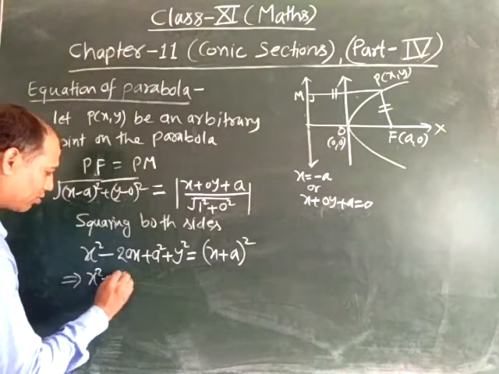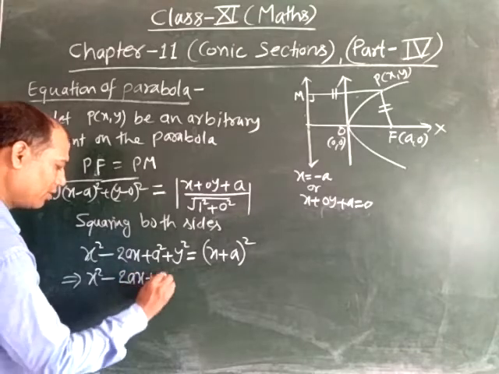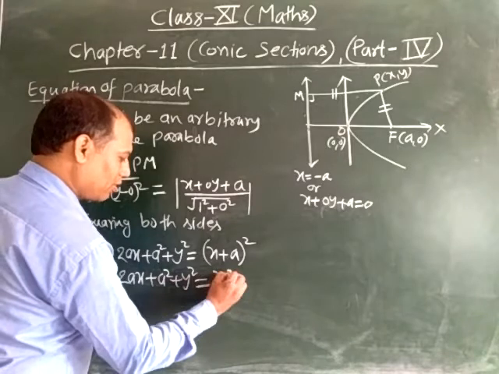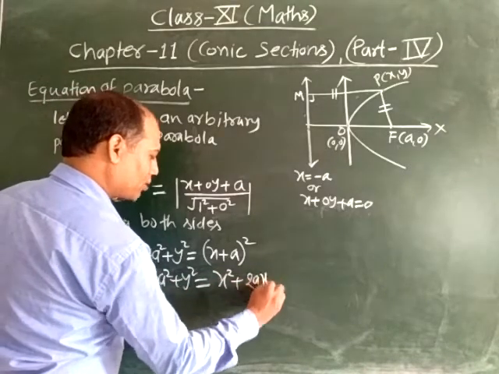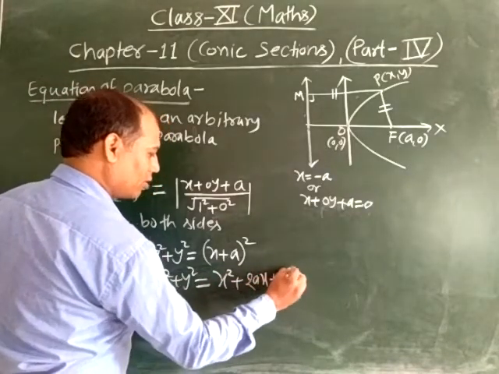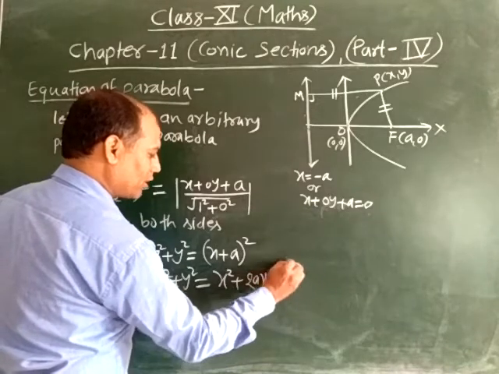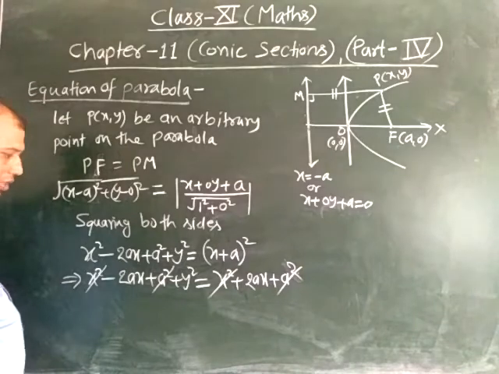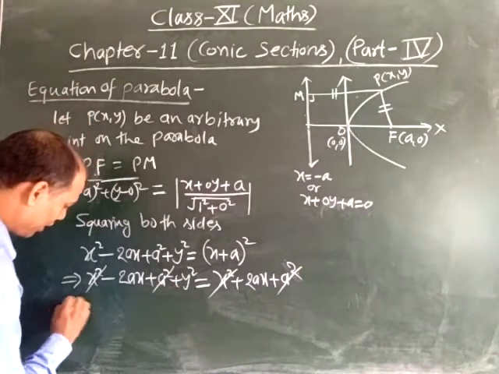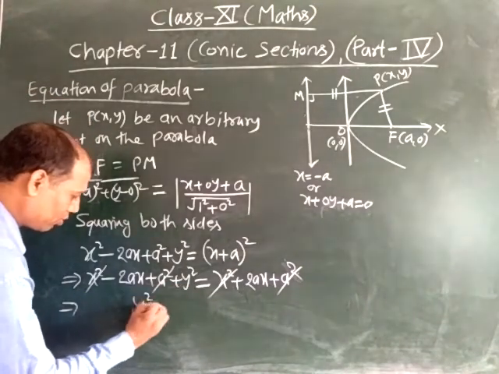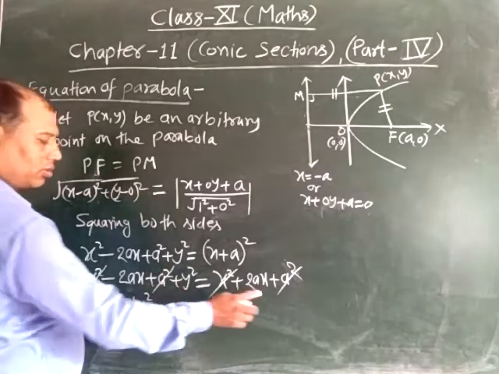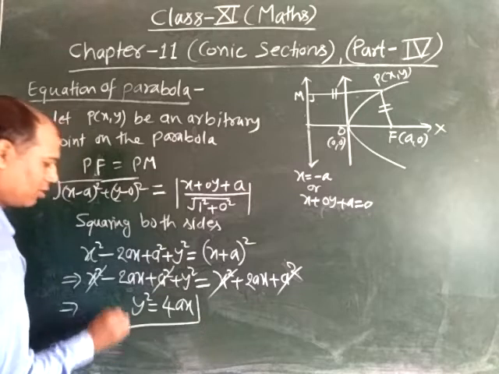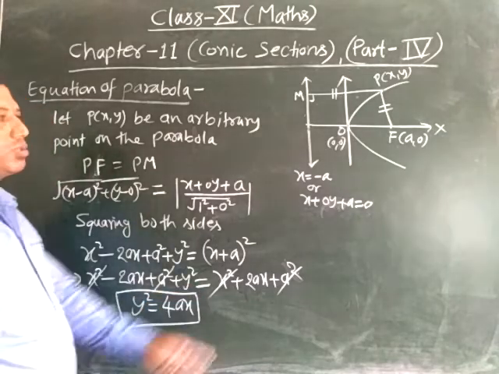So we can write x square minus 2ax plus a square plus y square is equal to x square plus 2ax plus a square. Now a square cancels out with a square and x square cancels out with x square. So we can write y square is equal to, transposing to the right side, 4ax. This is the equation of this parabola.